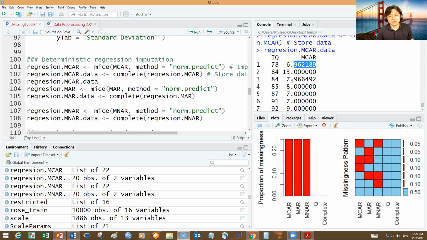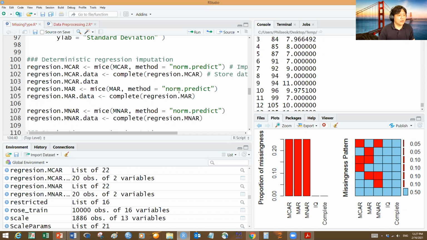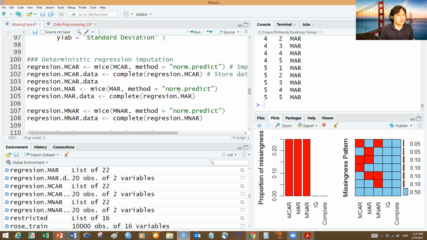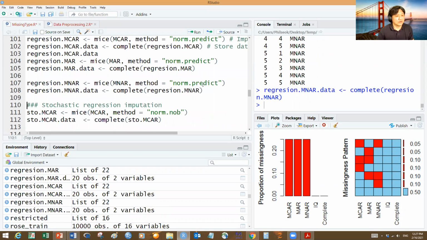All these values are imputed based on the regression without error term. Do the same thing for the MAR data. This is a regression, and then you can run any analysis using this imputed data, okay?